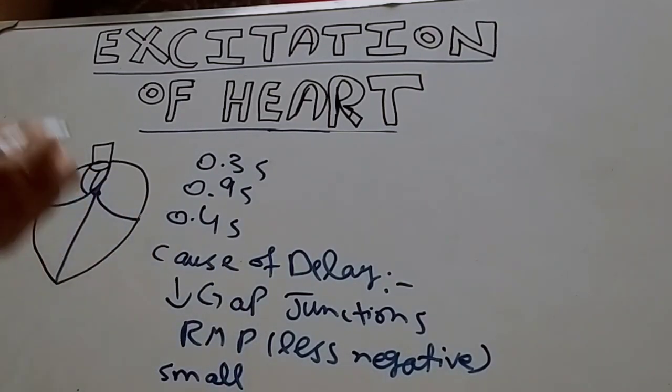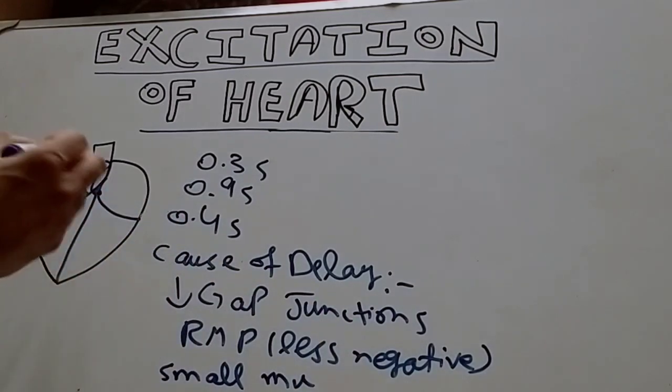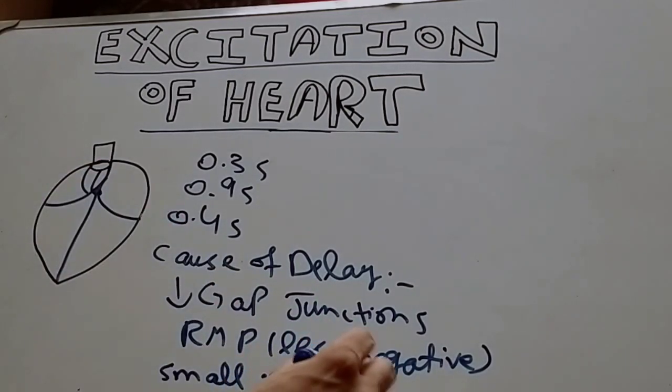These SA node and AV node consist of small muscle fibers. That's why the delay occurs here.